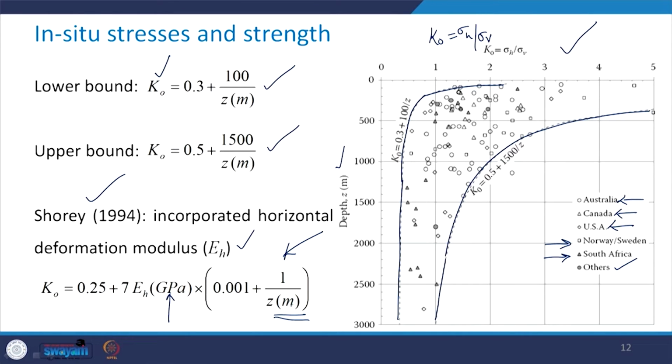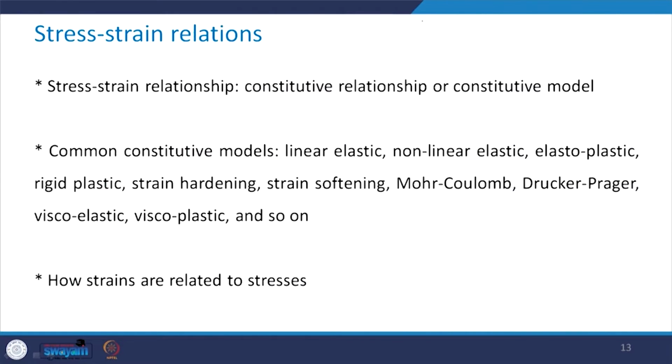So, this is how the coefficient, which is defined as the ratio of horizontal to vertical stress, can be determined. I mentioned that because of the large variability, sigma h cannot be estimated. So, what we do is we estimate sigma v, and then using this expression of K naught, which is sigma h upon sigma v, we evaluate the value of sigma h and then use it for analysis purposes.